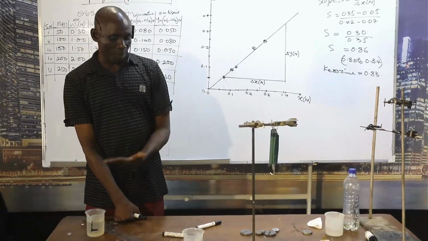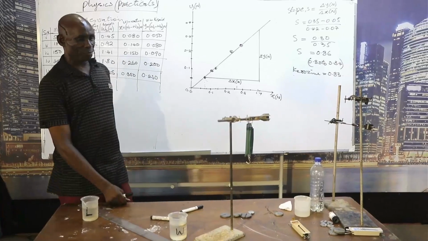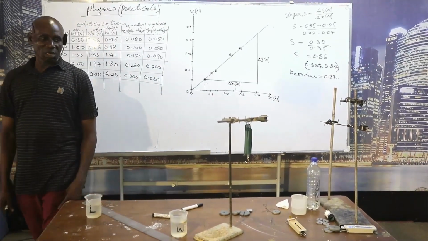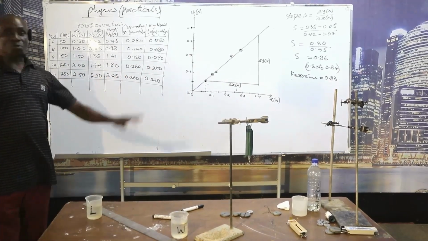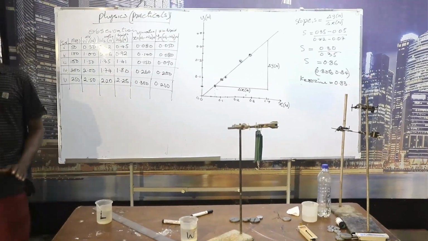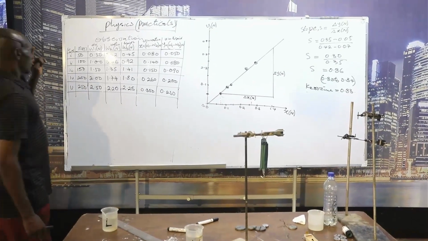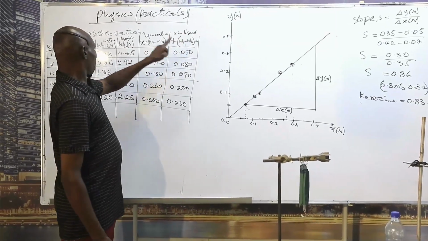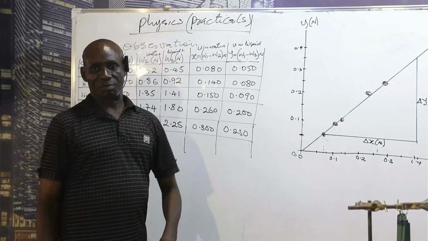The upthrust gave me the exact information. So this is the proof, the evidence that this particular liquid labeled L is kerosene.